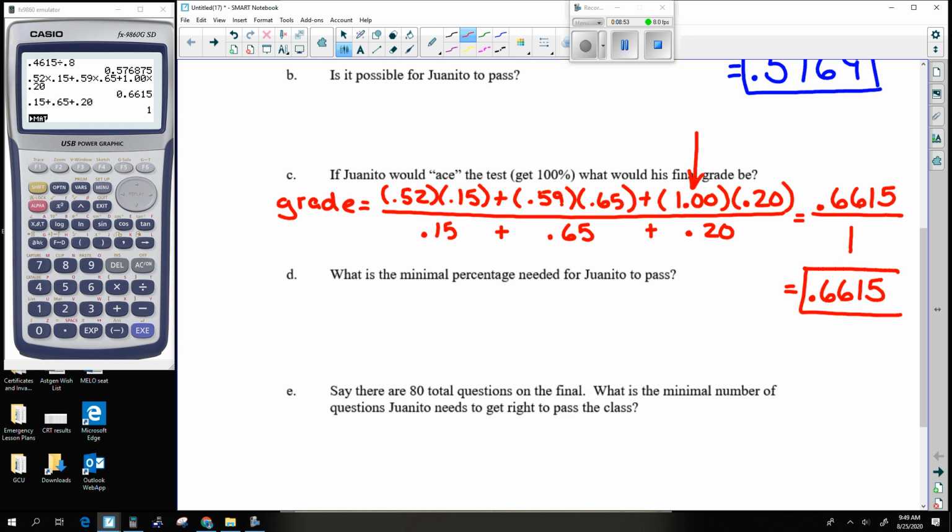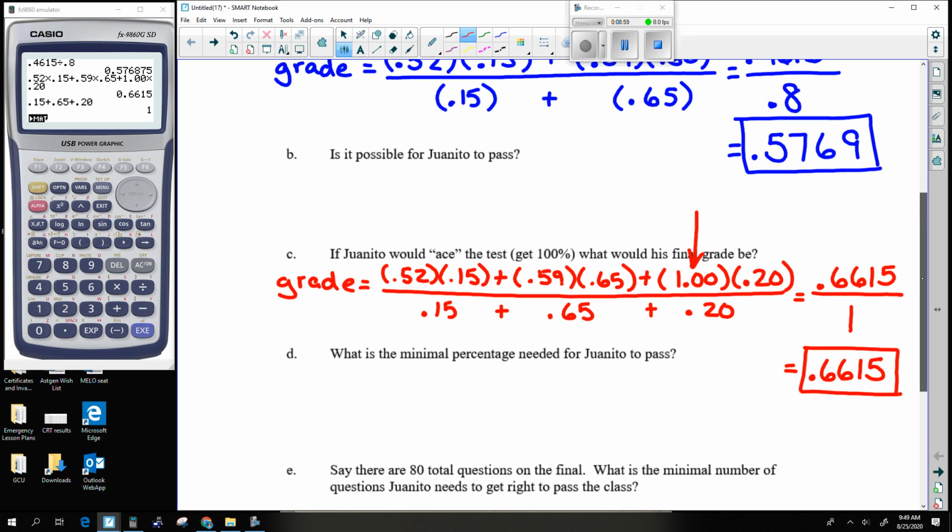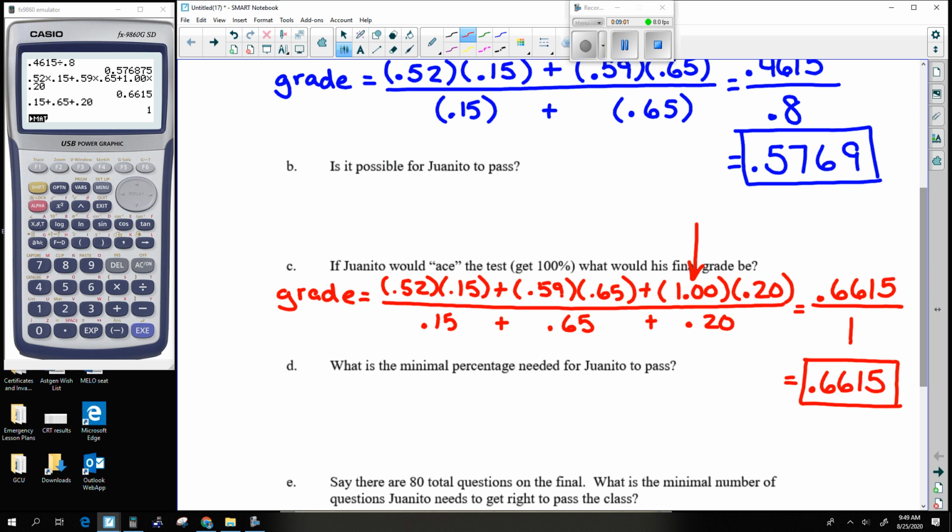So if Juanito would get a 100% on the final, he would end up with a 66.15%. So with that, we can go back to question B and say, is it possible for Juanito to pass? Yes, it is possible.